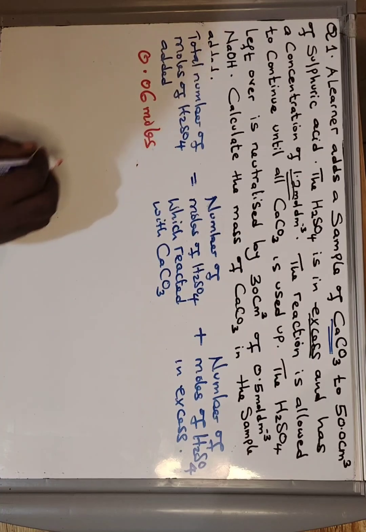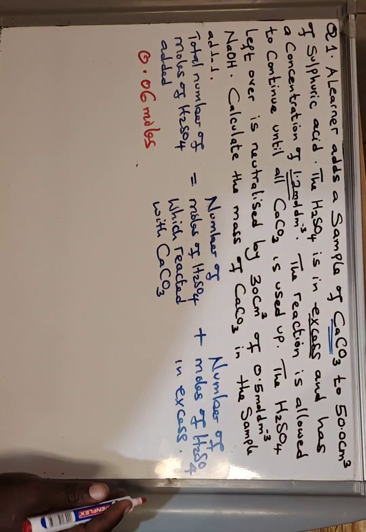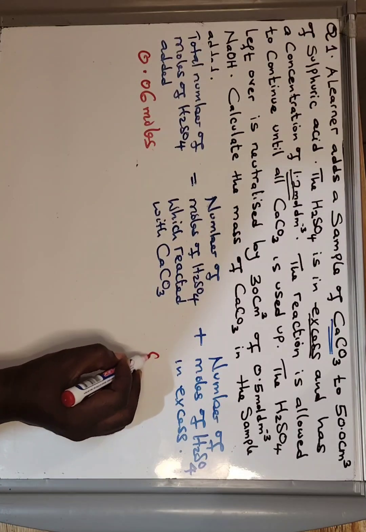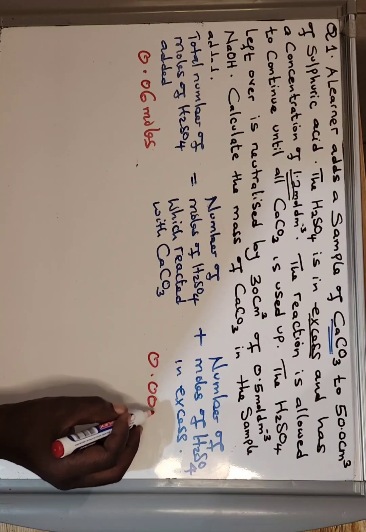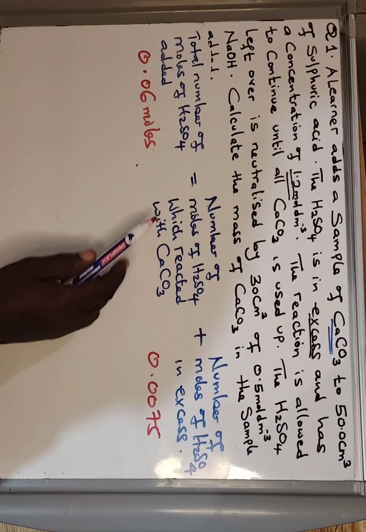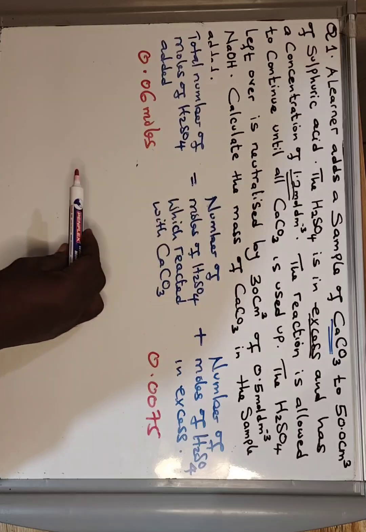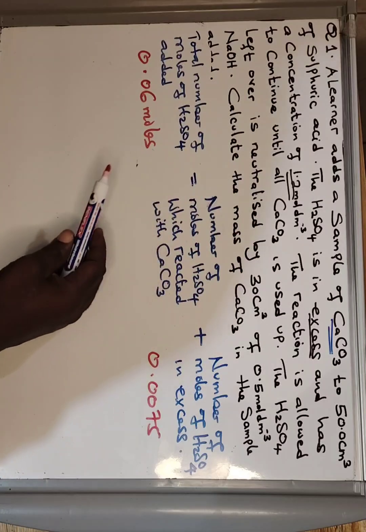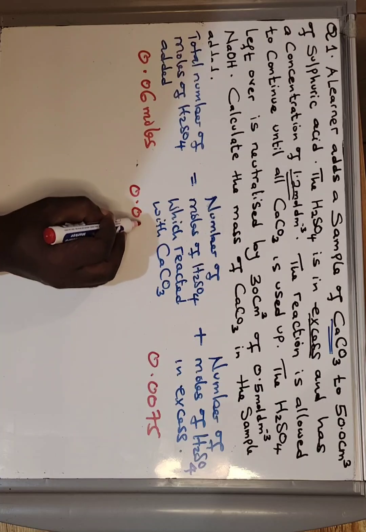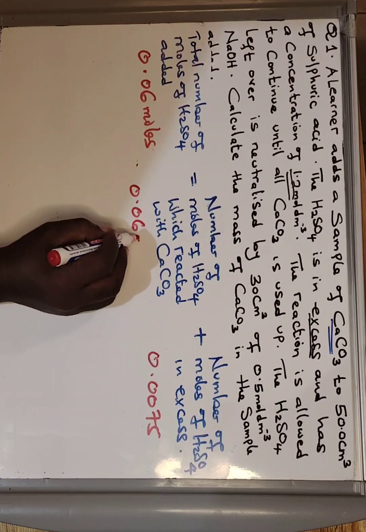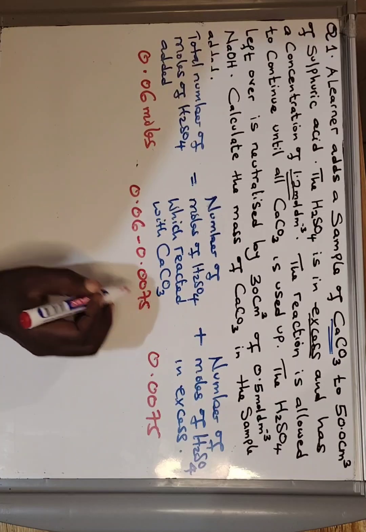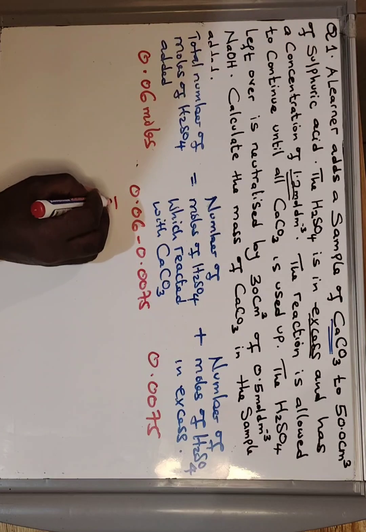And we have just found the number of moles of sulfuric acid which are in excess, which are 0.0075. Now, knowing this and this, it means that this one is now known, and it's going to be 0.06 minus 0.0075, which gives you.